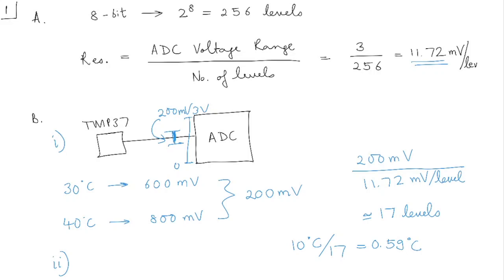The temperature corresponding to 0 volts is going to be 0 degrees Celsius. The temperature corresponding to 3 volts is going to be 150 degrees Celsius. That's just using the equation that we have been given, which was V is equal to 20 times T. We have been given this equation in the question, so we're just using that.